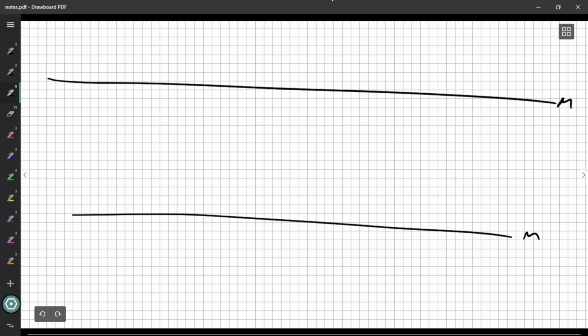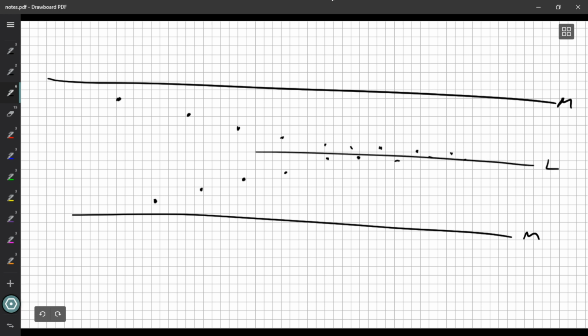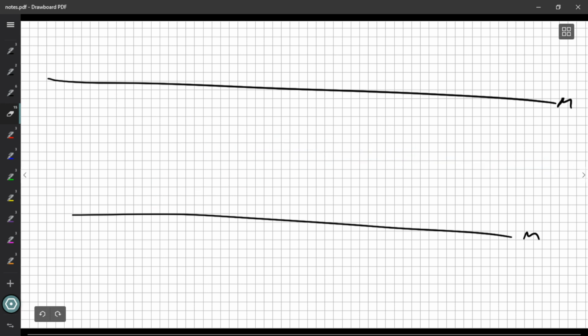Now, if we imagine them going up and down, we might run into this sort of situation where they're coming closer together. Maybe there's a limit somewhere in the middle between our bounds. Well, we don't want that either. So what we should try and do is come up with a sequence that sort of stays apart from itself.